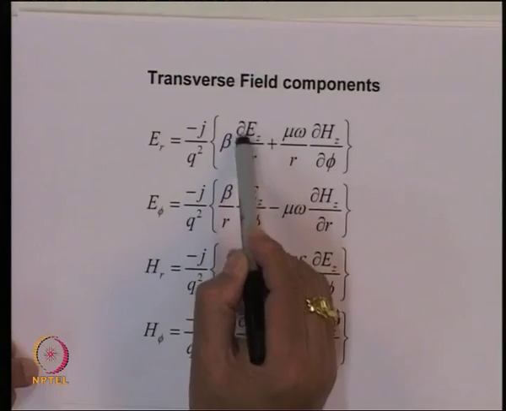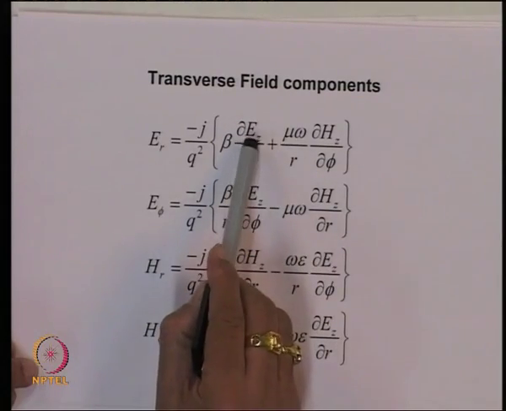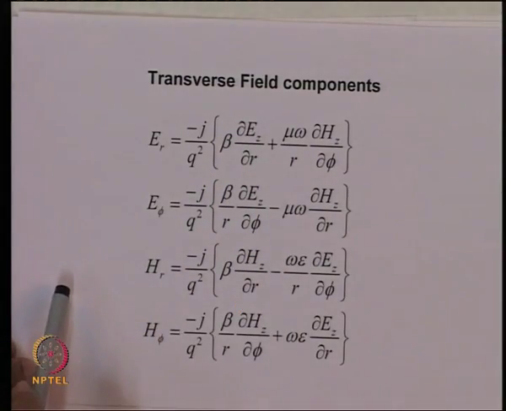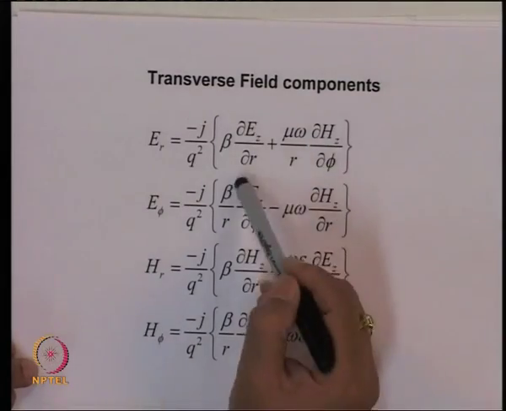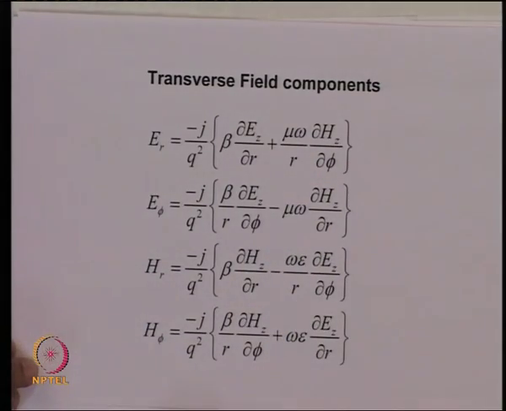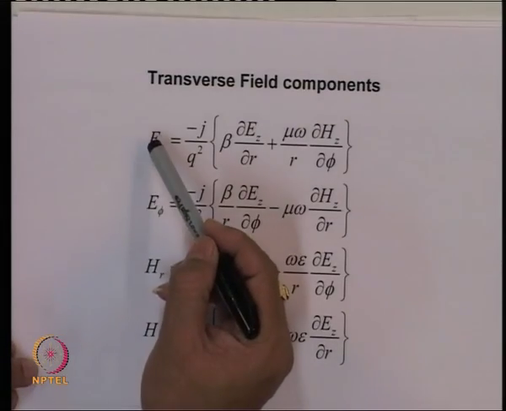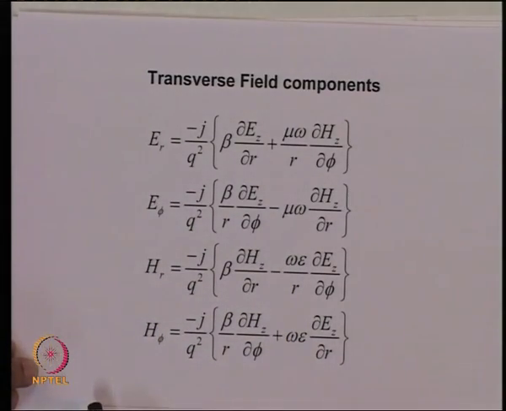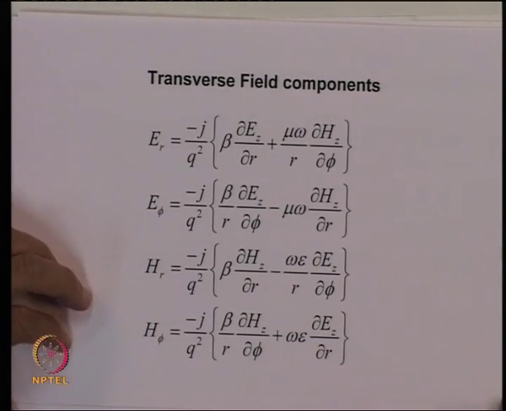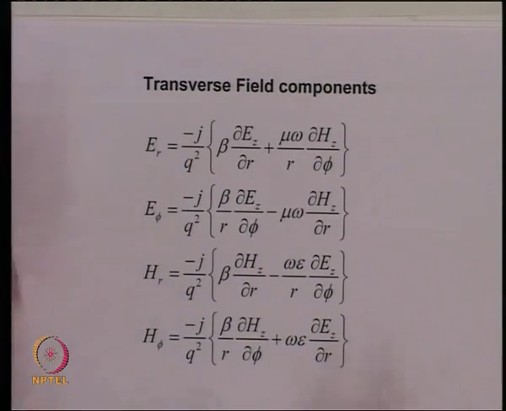So, by having the knowledge of the longitudinal components Ez and Hz and their partial derivatives with respect to r and phi, we can find out the remaining four components. So, the whole set of 6 components essentially are solved. First, your problem reduces to finding the analytical solution of the wave equation for the longitudinal components of the electric and magnetic fields.